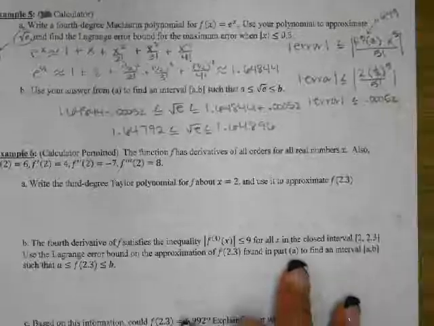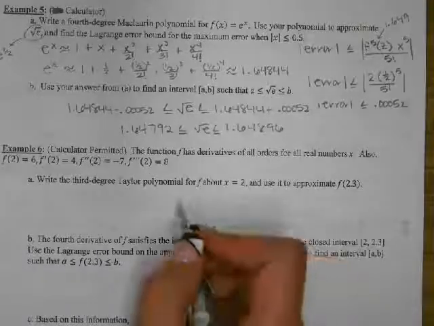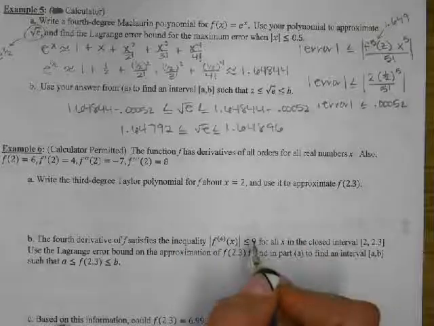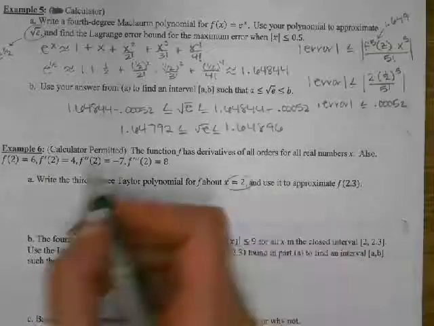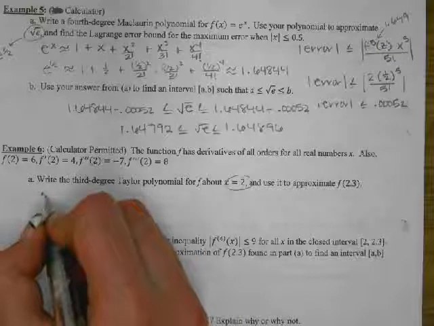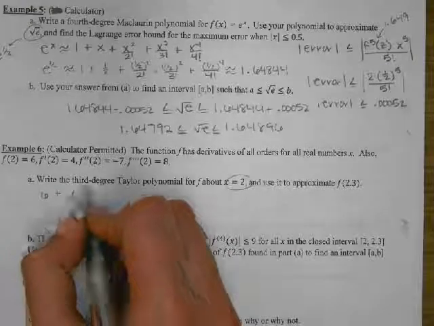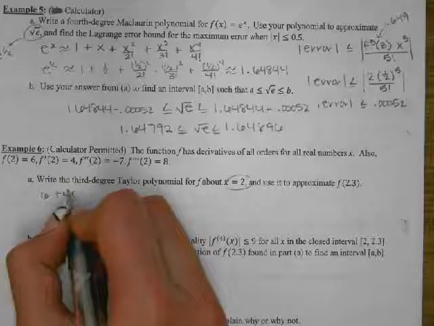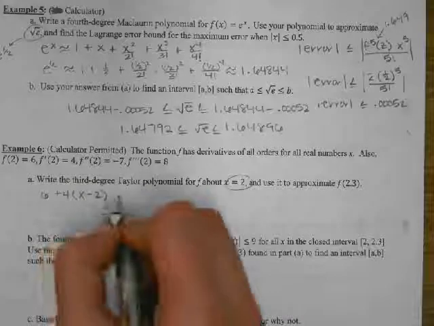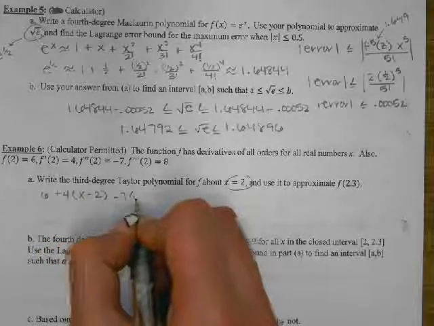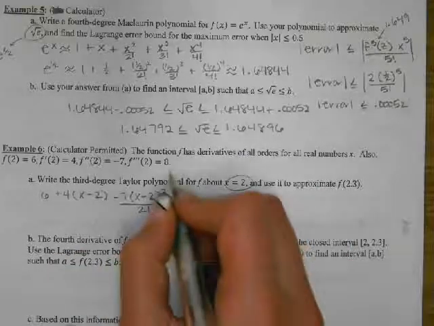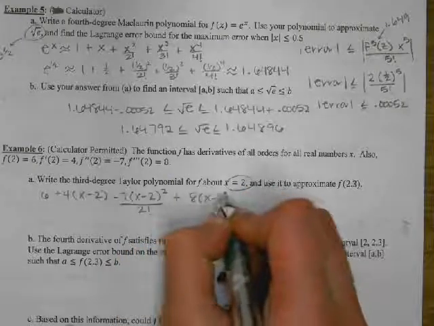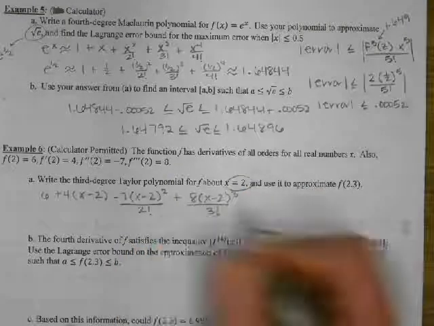All right. So here for example 6, it says, write the third degree polynomial. And it's centered at 2. So our first coefficient, we've got 6 plus, the second one, 4 times x minus 2 minus 7 times x minus 2 squared over 2 factorial plus 8 times x minus 2 to the third over 3 factorial.